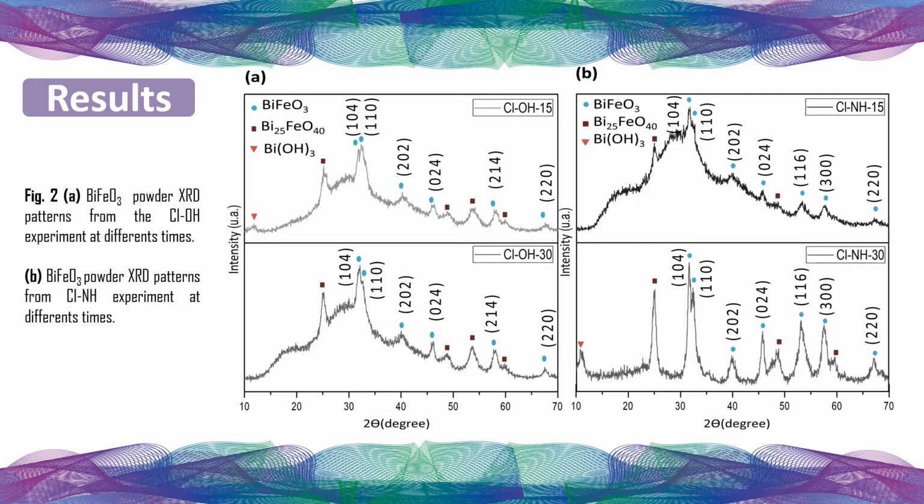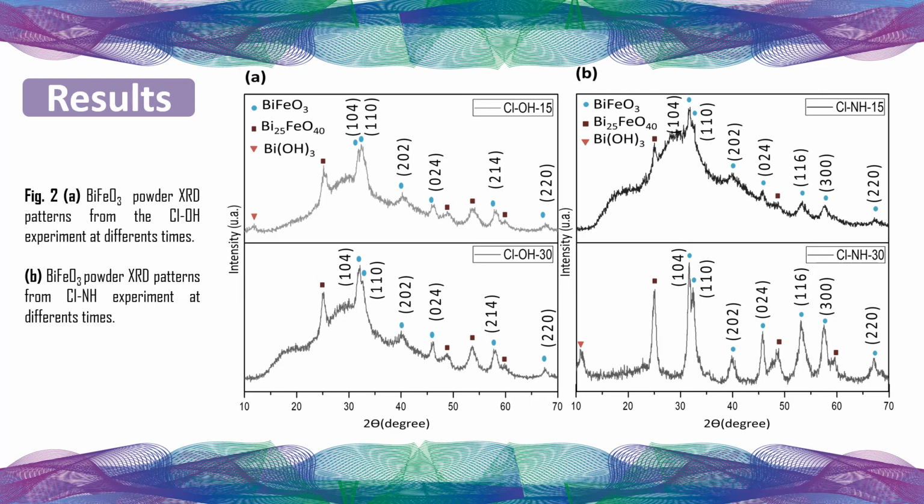Other results that I have: figure 2a shows the X-ray pattern of ferrite powders corresponding to the chloride and potassium hydroxide experiment for different reaction times. The low intensity of the peaks indicates low crystallinity due to the reaction time and very small particles.